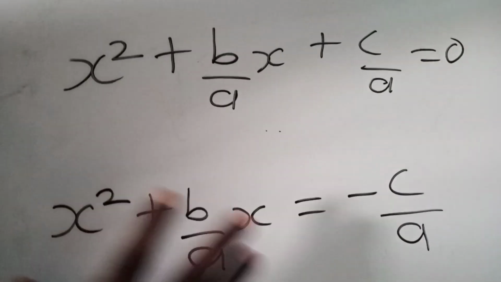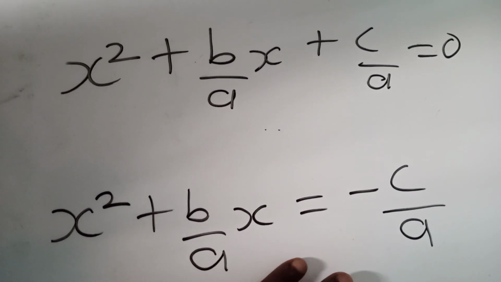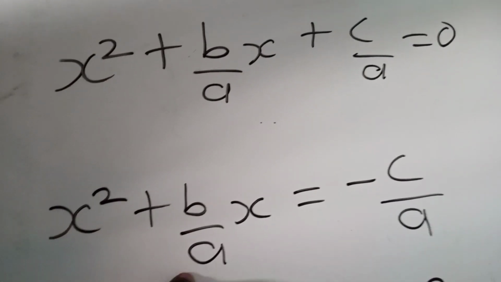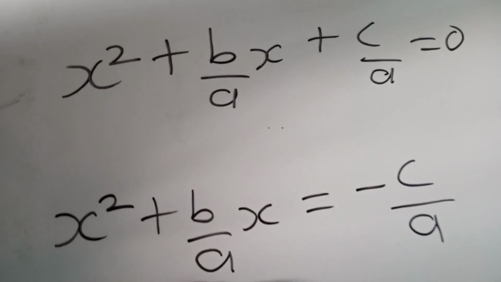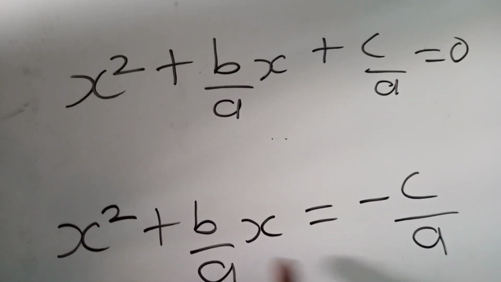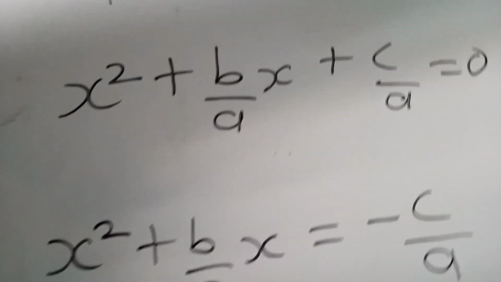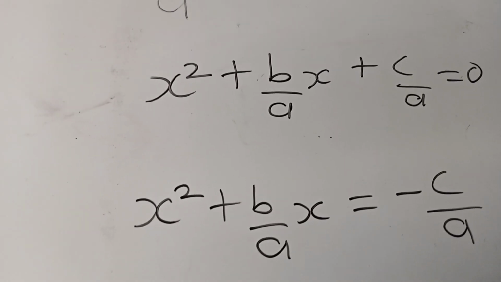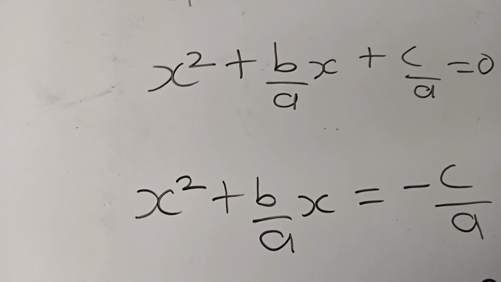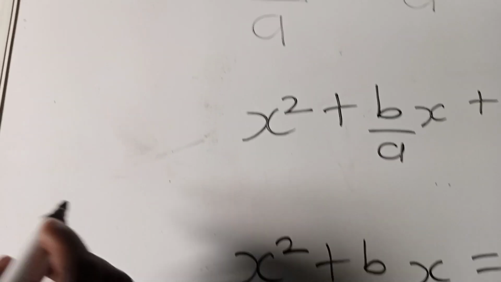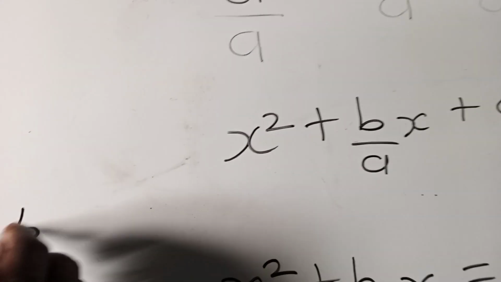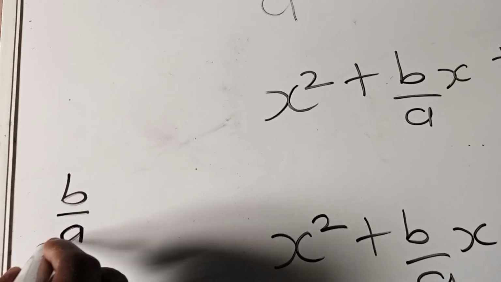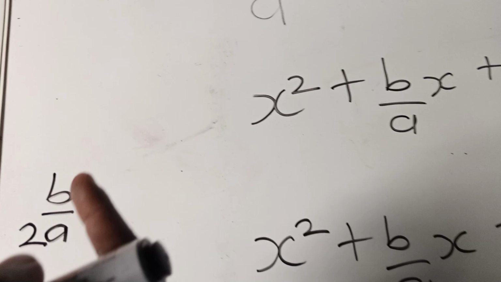When you get to this point, what we will do is find half of the coefficient of b over a. So in finding half of b over a, you write 2 here, so you are dividing by 2.